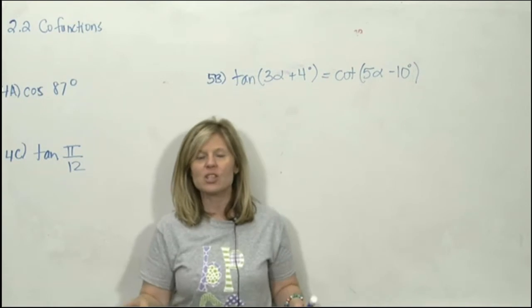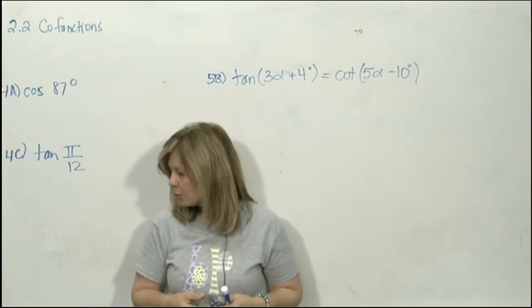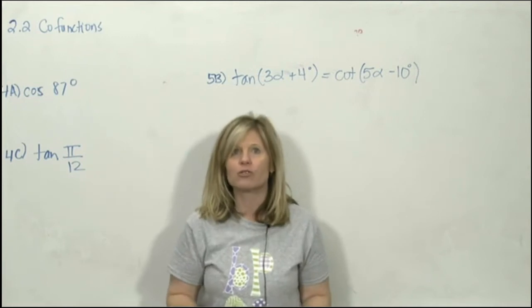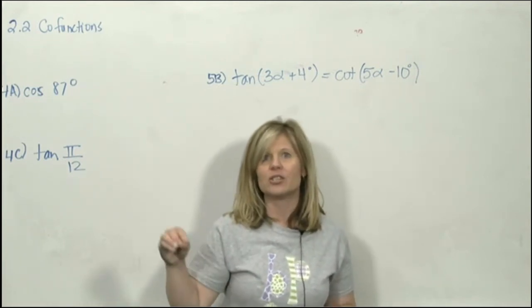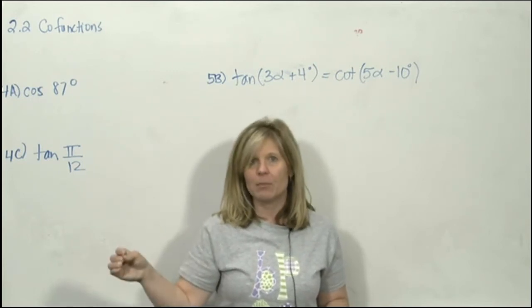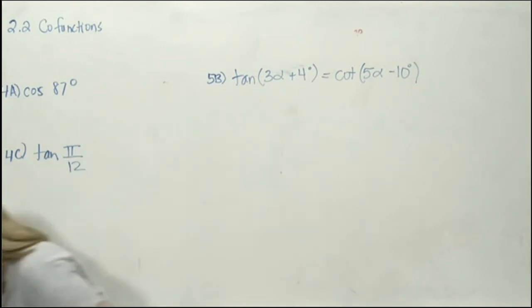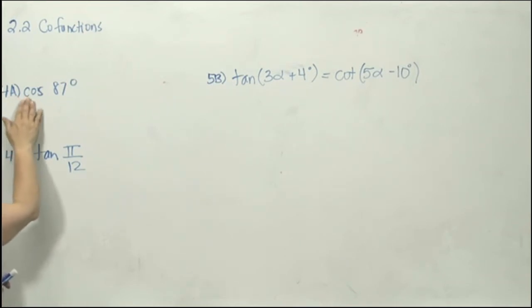Now what happens is cofunctions have a special relationship, and the relationship is two things. The first thing is their angles are complementary, which means their two angles add up to 90 degrees. When you evaluate them, their values will be the same. So, for example, I have in 4a the function cosine of 87 degrees.